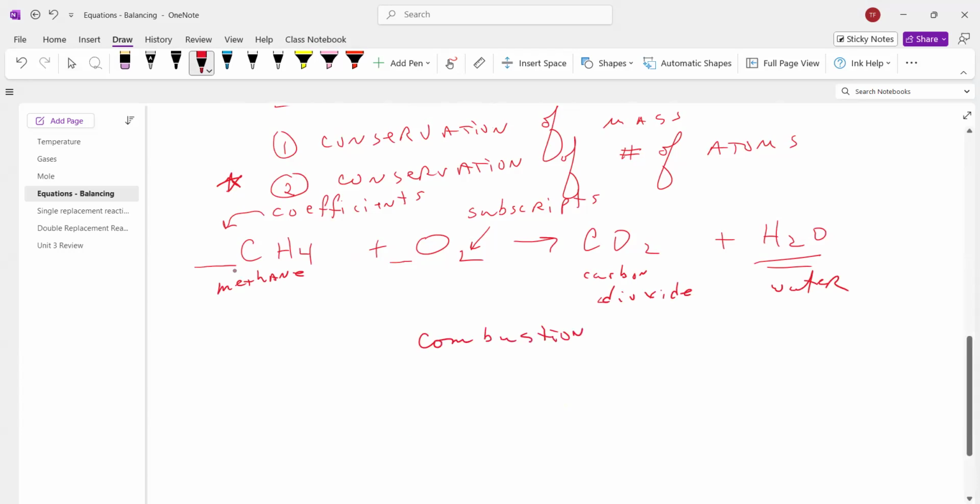Combustion requires a fuel, and fuel can be lots of different things. It requires something to oxidize the fuel; in this case it's oxygen gas, but it can be other things as well. If we oxidize the fuel with oxygen, we get carbon dioxide and water.